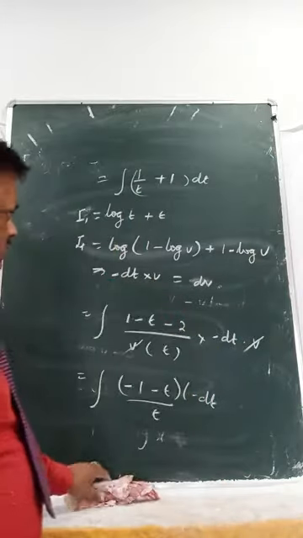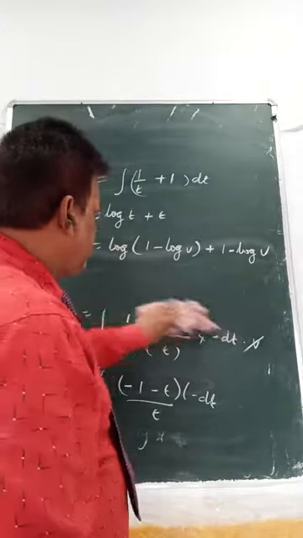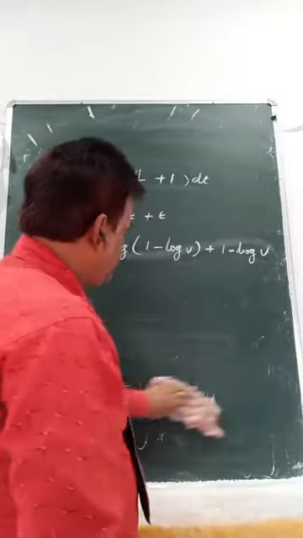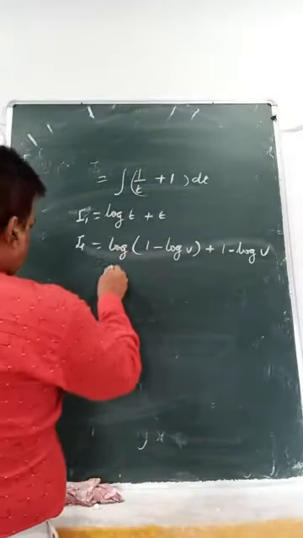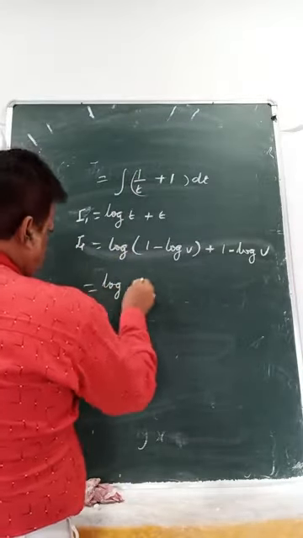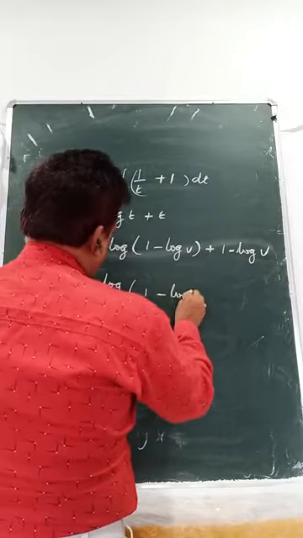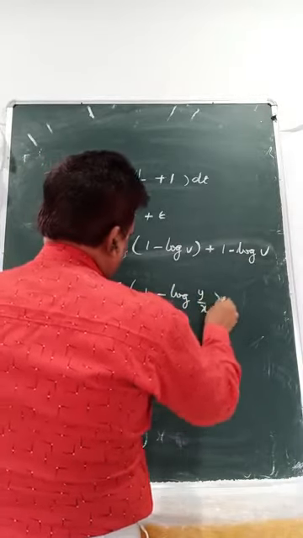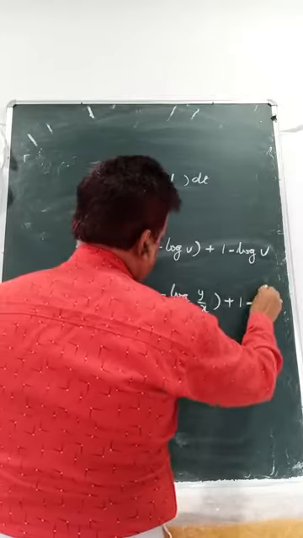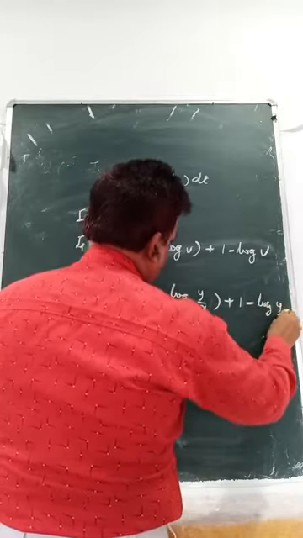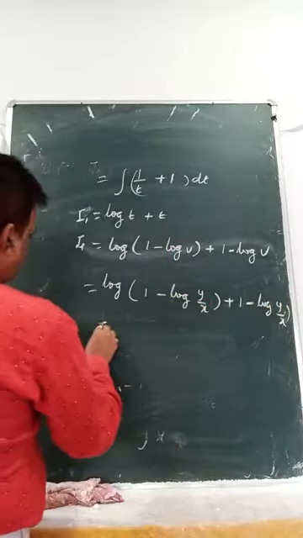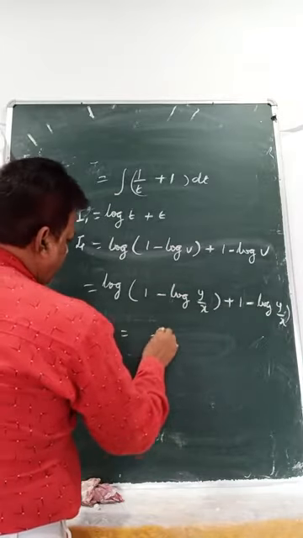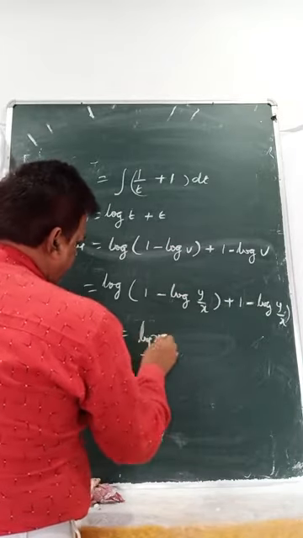So many complications. So doesn't matter. Solution is coming. So log (1 minus log y by x) plus 1 minus log y by x. Nothing can be done. So I1 equals log x plus c.